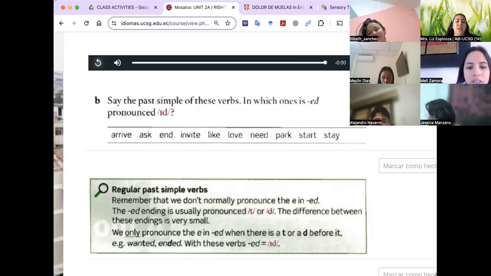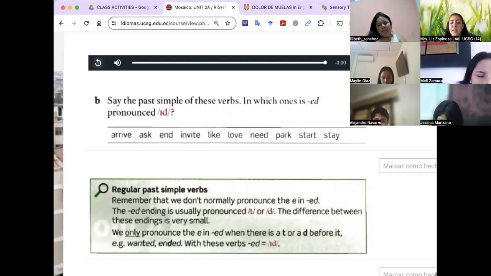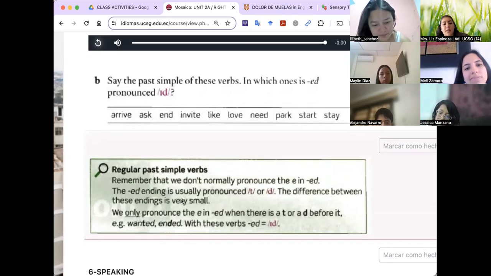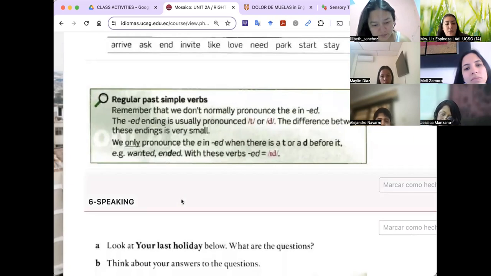The ed ending is usually pronounced like T, or the difference between these endings is very small. We only pronounce the E in ed when there is a T or D before it, right? Like in this case, with T, wanted, ended. With these verbs, ed is ed, right? Then it's like cut the sound.